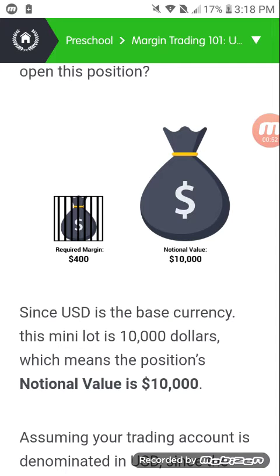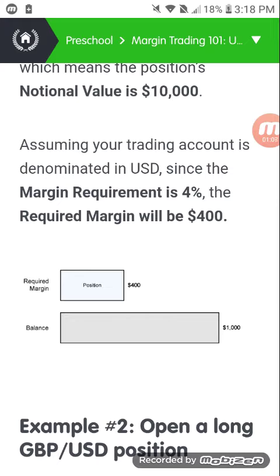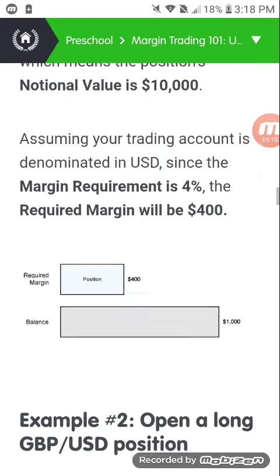The required margin to hold that trade is 400. So assuming that your trading account is denominated in USD, since the margin requirement is 4%, the required margin will be 400. Okay, so your balance and the required margin to hold that position is 400.